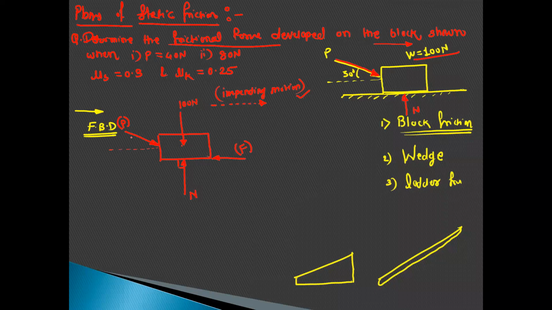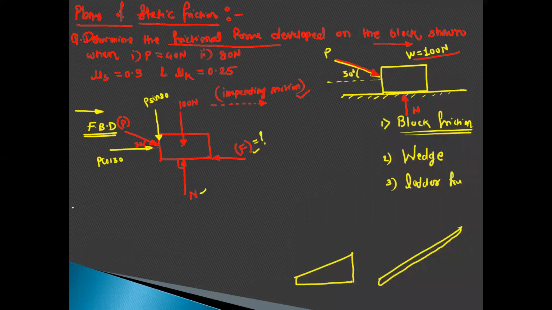Now we will resolve this force P along the x and y directions. We know this angle is 30 degrees. This is the x component and this is the y component. The x component will be P cos 30 and the y component is P sin 30. So we have shown all the forces, that is, external forces, normal reaction and the frictional force. We have to find out the frictional force that the surface will offer to this object.